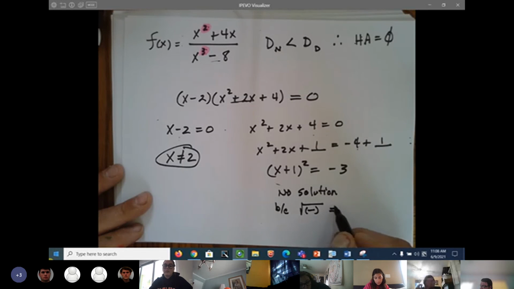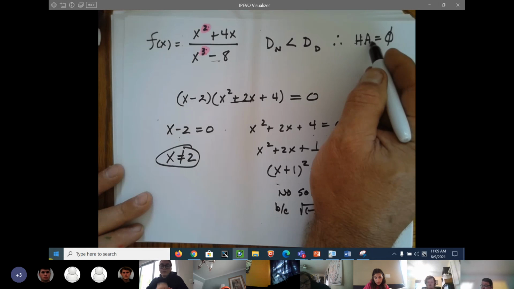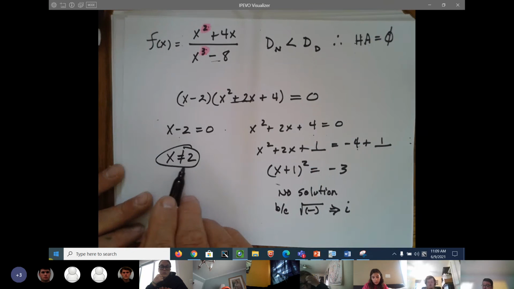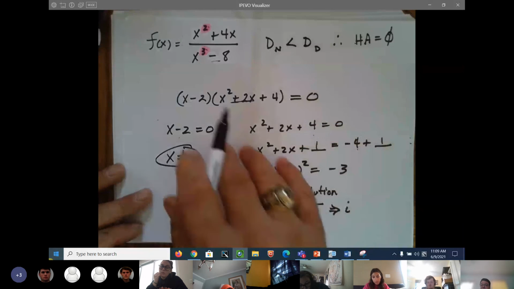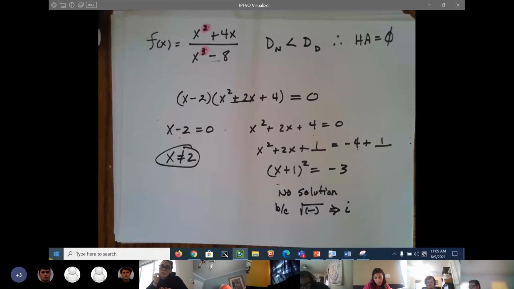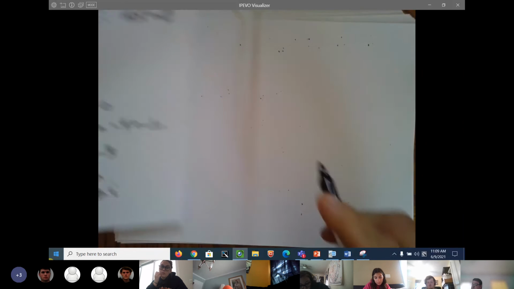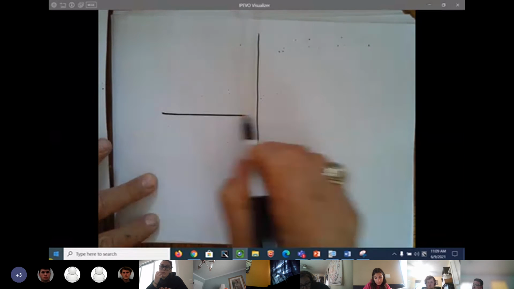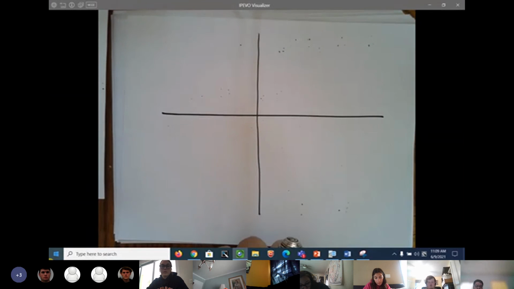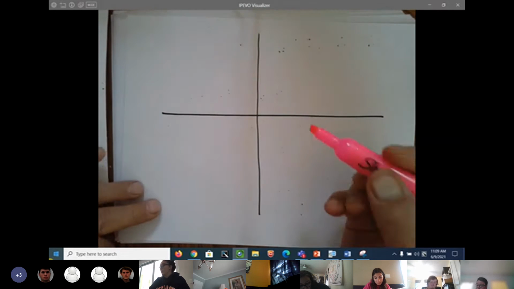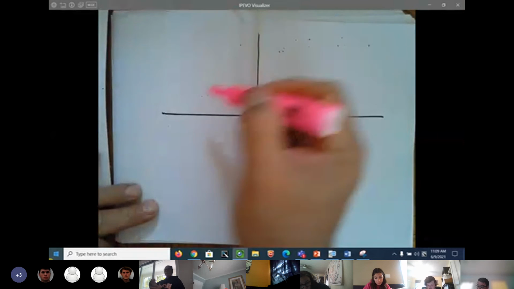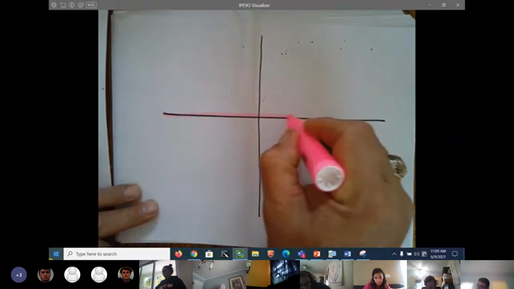So you're going to get terms of i, which means imaginary numbers, which means that the horizontal asymptote in this case is going to be 0, and the vertical asymptote is going to be equal to 2. So in this scenario, you got a horizontal asymptote of y is equal to 0, which is the x-axis.